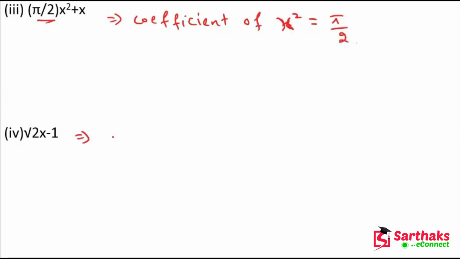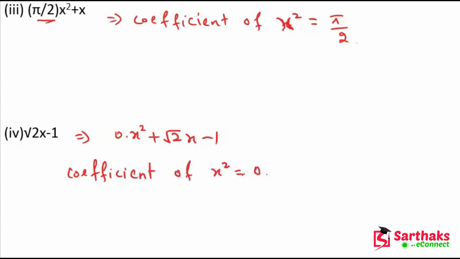Now here is this equation, we can write it like 0 times x square plus root 2 x minus 1. Now coefficient of x square is 0. Coefficient of x square is what? 0. Okay. I hope you get this point, my dear friends.